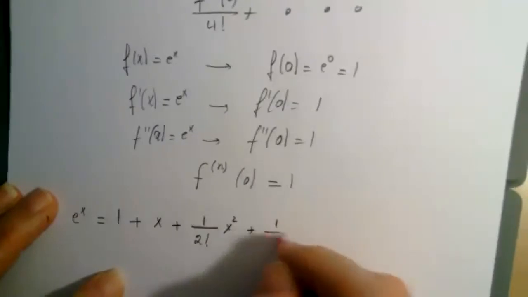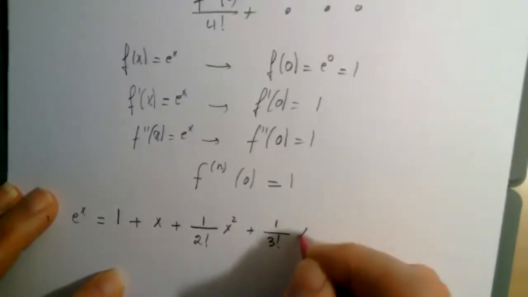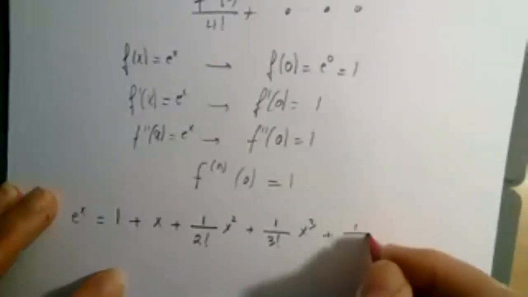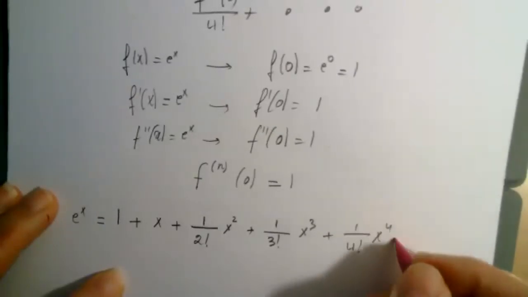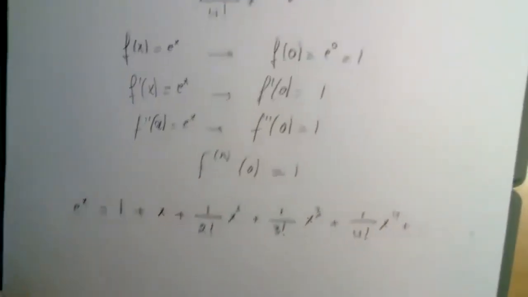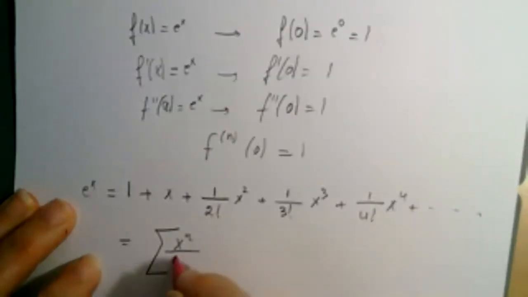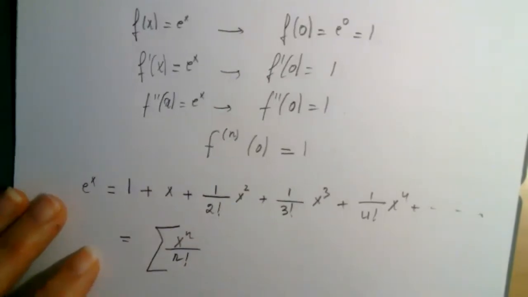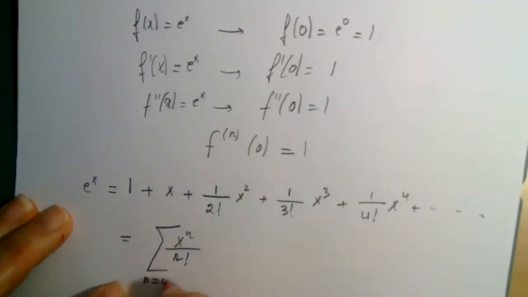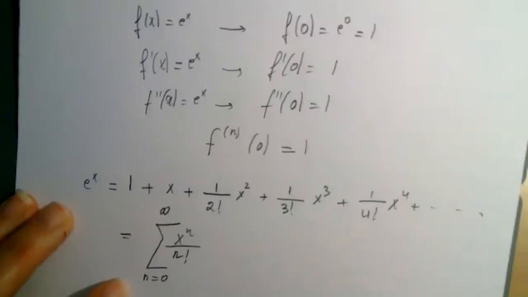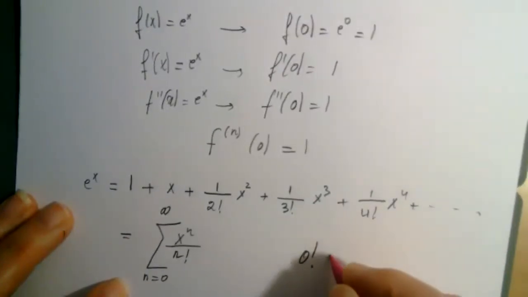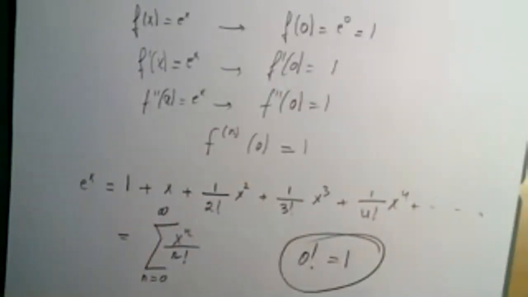The third derivative over 3 factorial x cubed. The fourth over 4 factorial x to the fourth, etc., etc. So in sigma notation, this is going to be sigma x to the n over n factorial, n equals 0 to infinity. And here I remind you that 0 factorial is equal to 1.